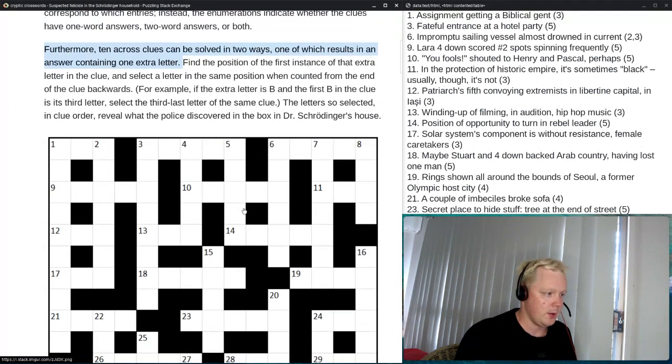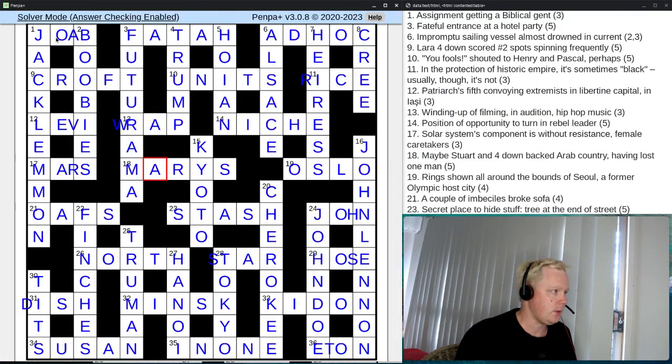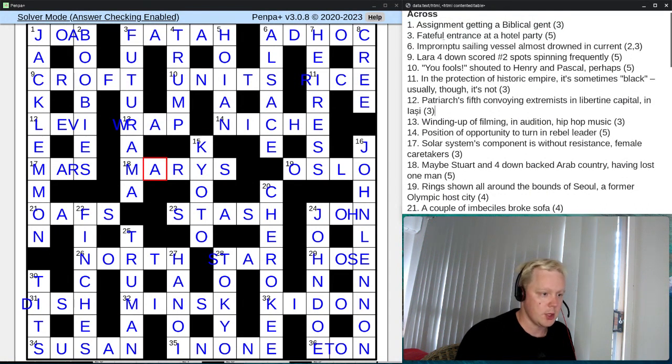So for example, we had this Joab, so the A was the extra letter. We count from the start where the first A is, so this is the first letter, and we count the same number from the back to find the letter that we need to highlight. So the first from the back of the clue would be the one to highlight.